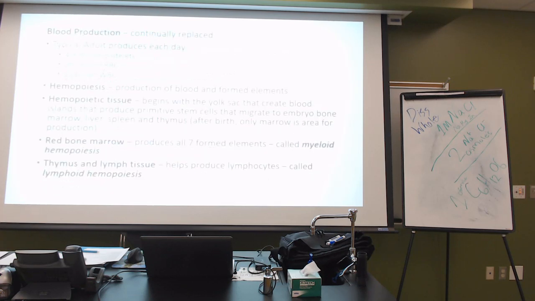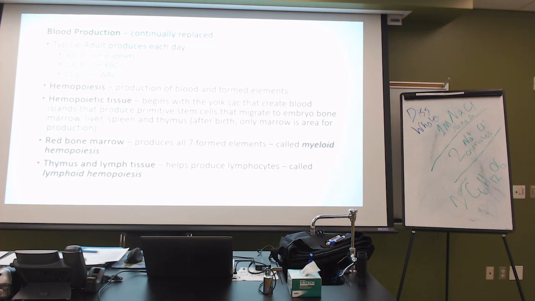Blood production. This is where some of the terms are going to come in, giving us that erythro and leuco. We are continuously making blood cells, making the red blood cells. Your body is doing that at astronomical rates.